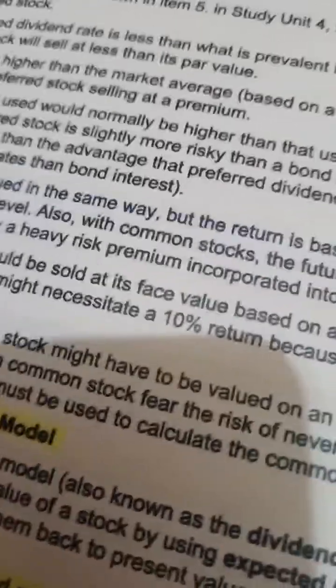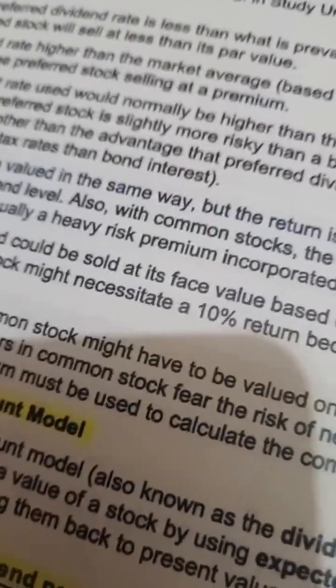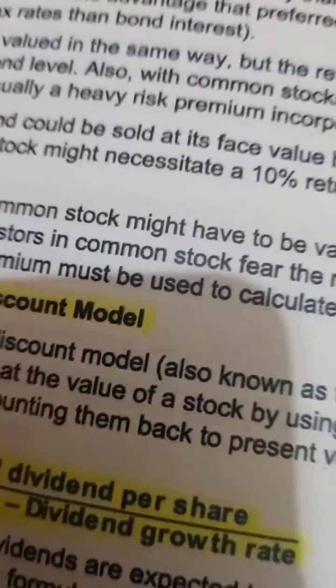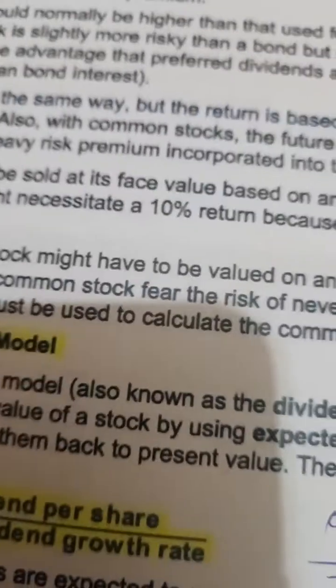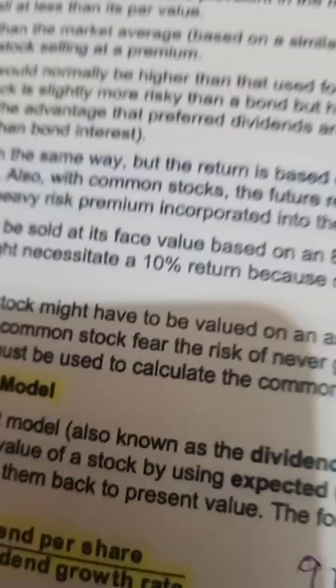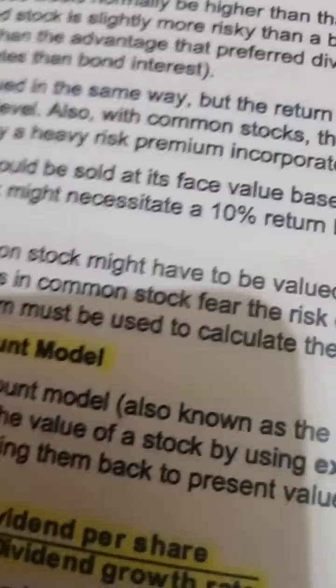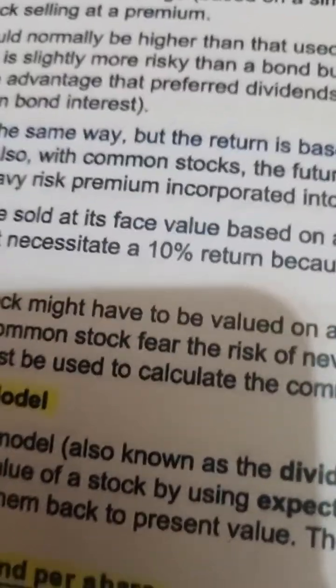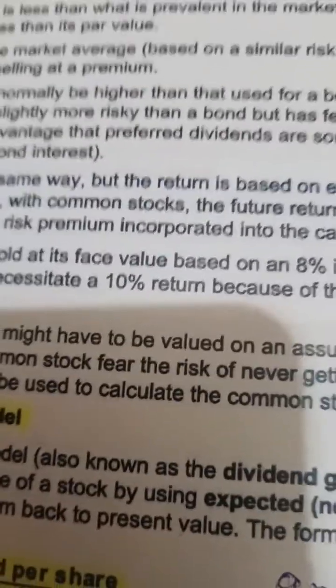multiplied by 1 plus growth rate, divided by x, the cost of capital, minus growth rate. Cost of capital minus growth rate equals market price. How will we remember this formula?